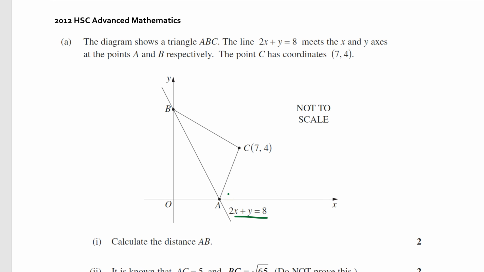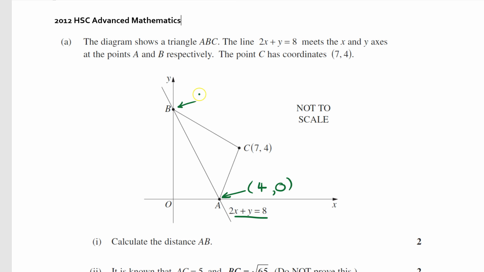Now, without reading the questions, fill in stuff that we know. At point A, we know the y-coordinate is 0. What we're doing is finding where this straight line cuts the x-axis, which is where y equals 0, which will be 2x equals 8, so x equals 4. So this is the point (4, 0).